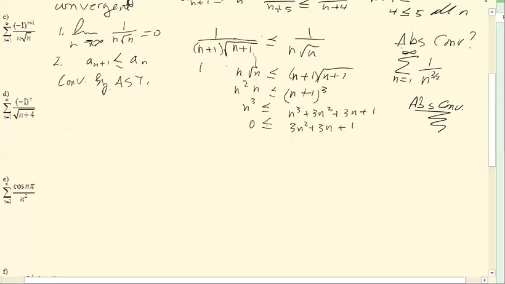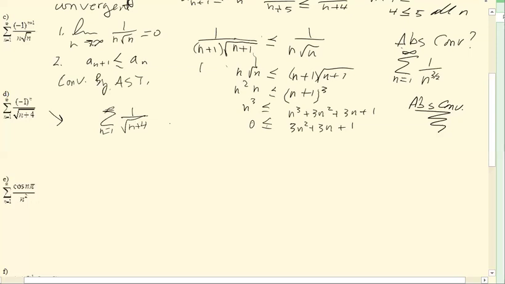Now let's go down to this next one, D here. You could see that if it didn't have the negative, we have this. And we could probably do a limit comparison on this one.